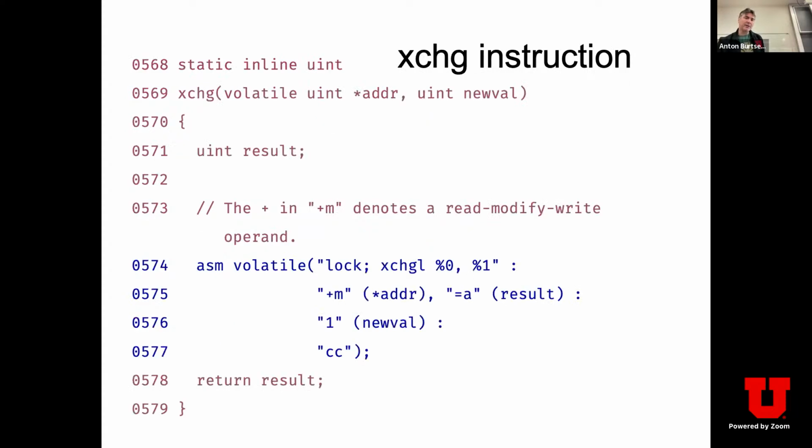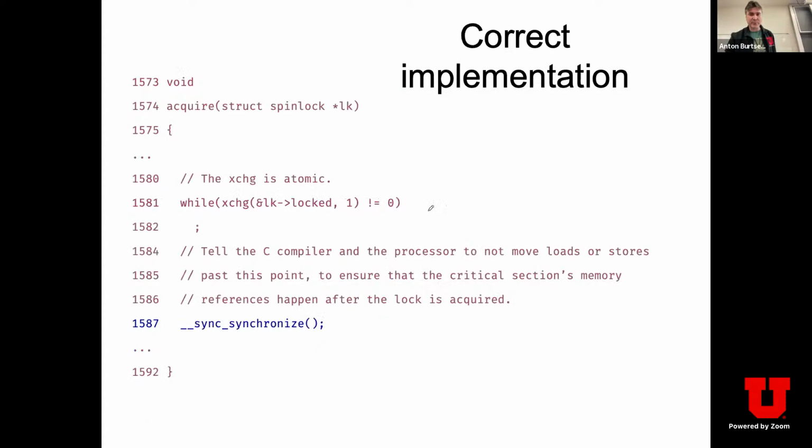But internally, you will have an exchange instruction with this lock prefix in front of it to make it actually atomic, right? Is that clear? There are multiple levels of detail here. Okay, and then of course that solves our problem, right? So at this point, you say, look, this is my spin lock.